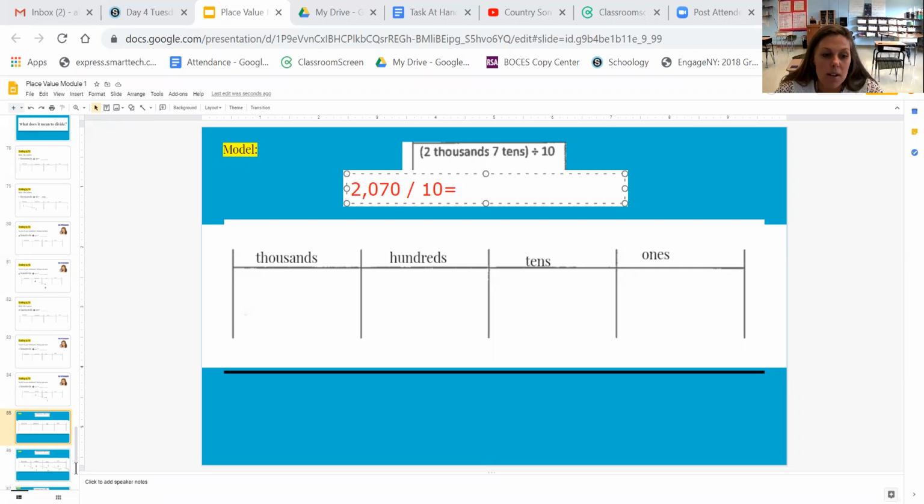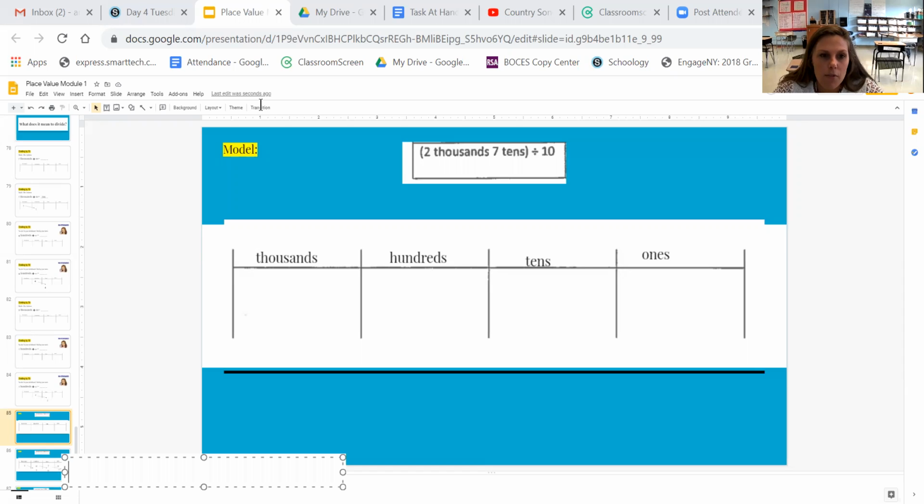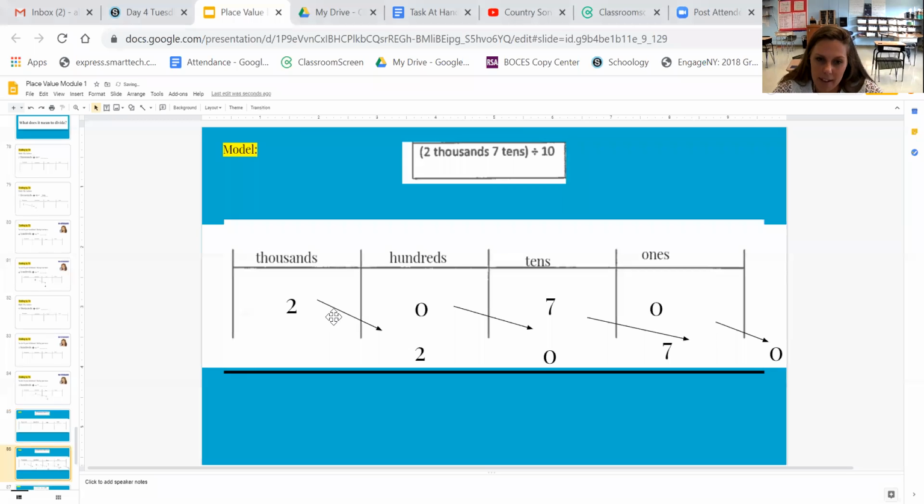So what I'm going to do is fill this in on my place value chart, and then I can actually divide. Watch how I did this. I filled it in on my place value chart. So I had 2 in the thousands place, 0 in the hundreds, 7 in the tens, 0 in the ones, and I divide it. So every single place value is going to get smaller, okay?